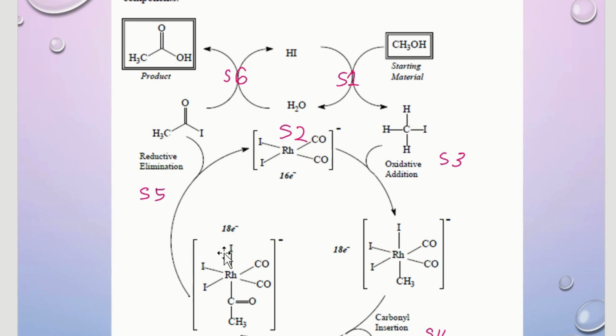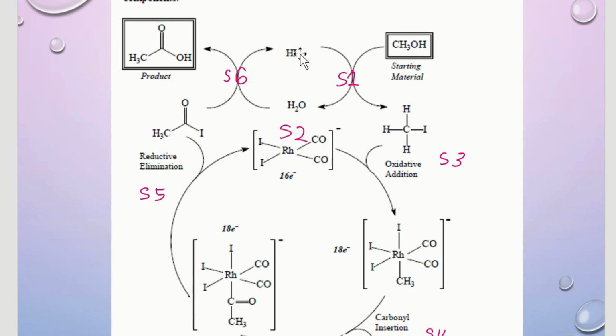From here they eliminate the acyl iodide to produce this species and another catalyst, to keep the reaction occurring and continue to produce more acetic acid.